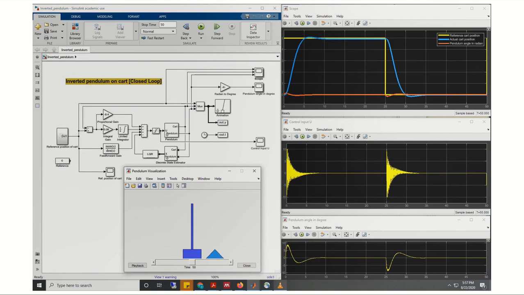The bicycle has to stand upright even though it moves from one place to another. You cannot fall down, right? The pendulum cannot fall down while it moves from one place to another. So these things all have the idea of an inverted pendulum on a cart, which is a very well studied system.